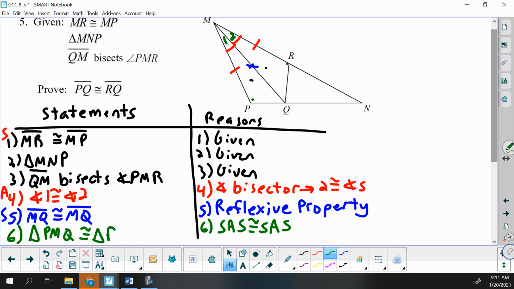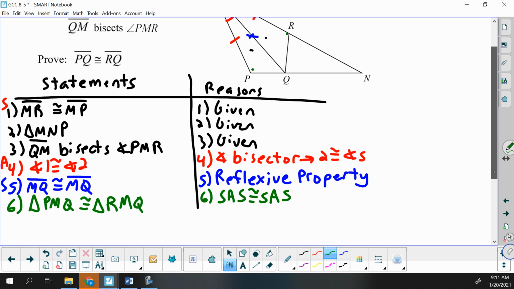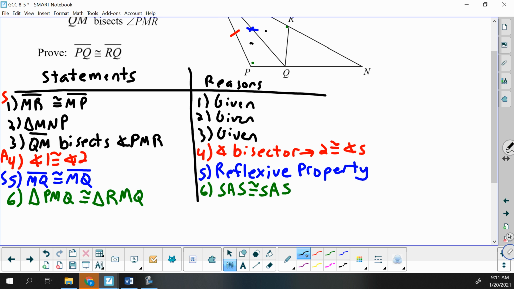So we got to start with R. Then M is the angle from the angle bisector. So that matches with M in the other one. And then our last letter is Q. So RMQ for the second one. So you got to take the time and be careful naming them so that they match up. And then to finish it off, we just did congruent triangles.